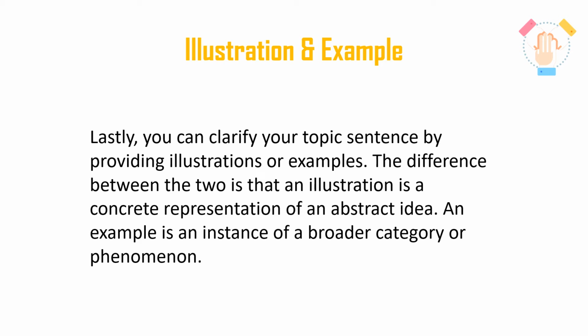Lastly, you can clarify your topic sentence by providing illustrations or examples. The difference between the two is that an illustration is a concrete representation of an abstract idea, while an example is an instance of a broader category or phenomenon.